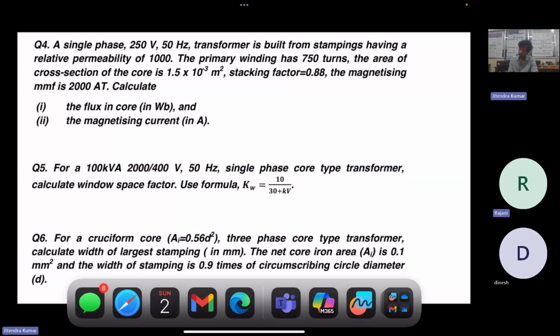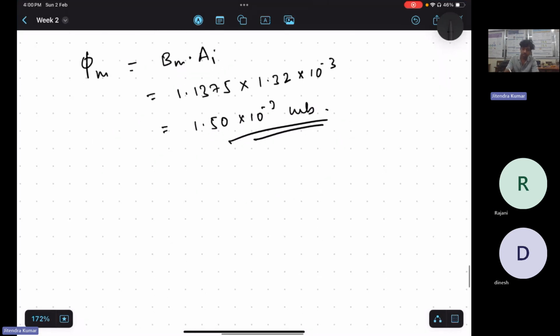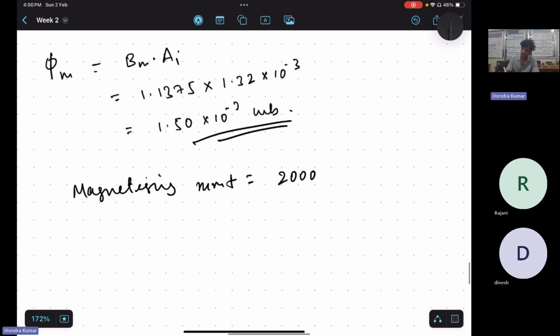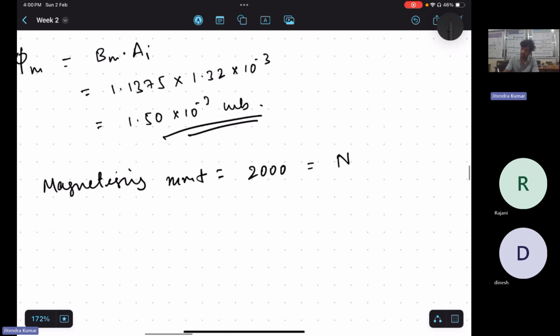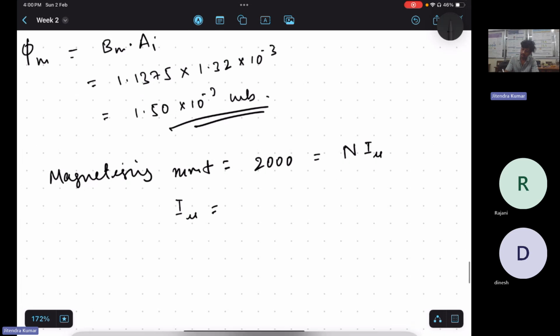Magnetizing MMF component is 2000, which will be nothing but number of turns into magnetizing current. So magnetizing current is 2000 divided by number of turns, 750.